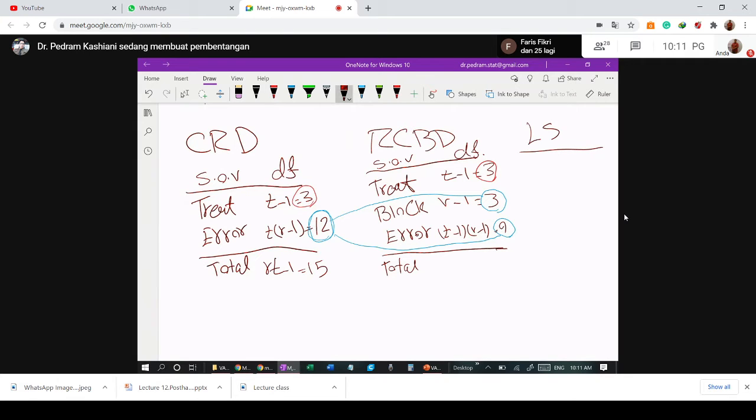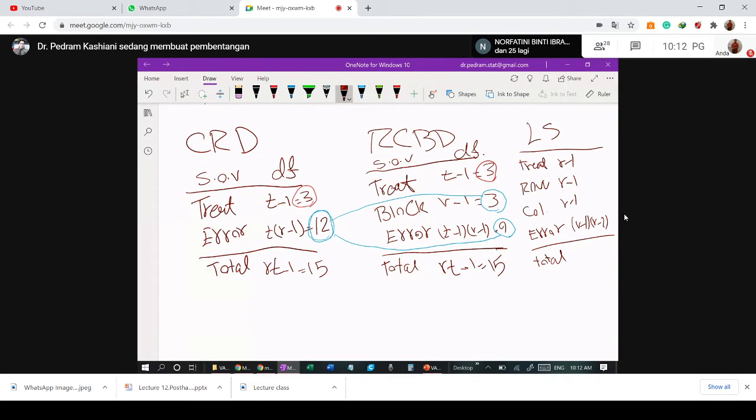So let me again keep the treatment up here. After that, I have block by row, by column, error, and also total. This total also will be RT minus 1, equal to 15. So treatment, row, column are all R minus 1, R minus 1, R minus 1, and error is R minus 1 into R minus 2.